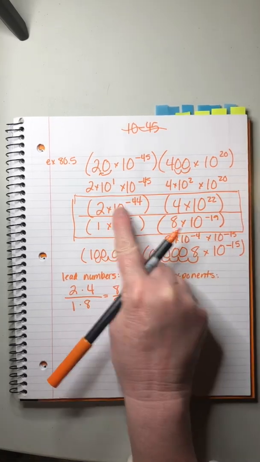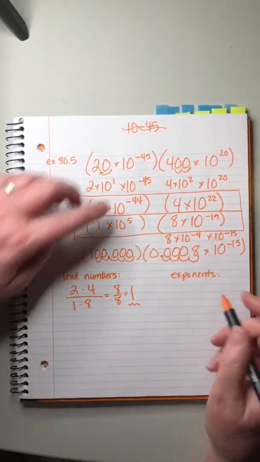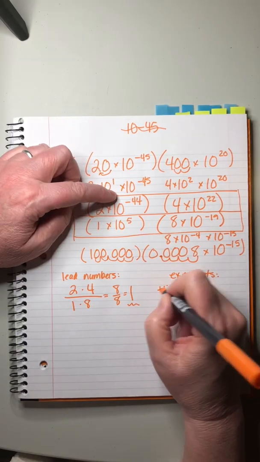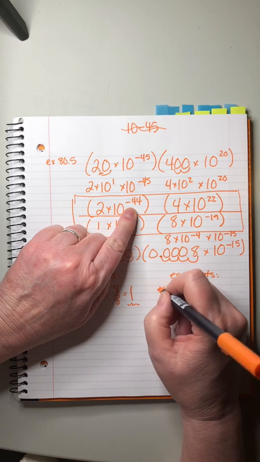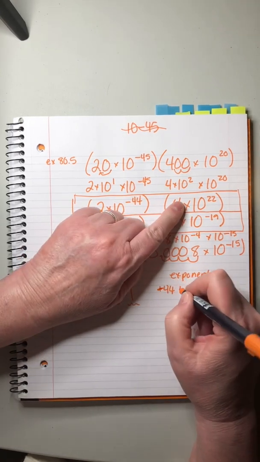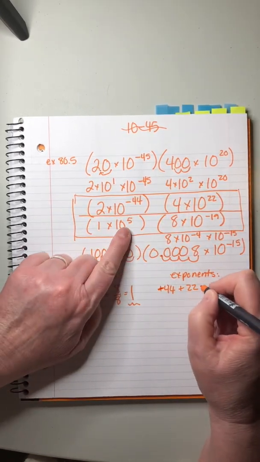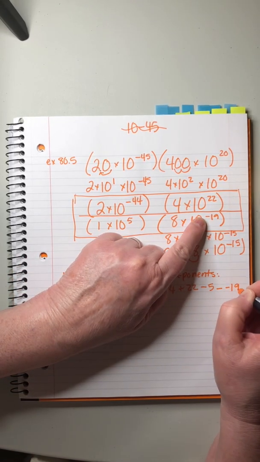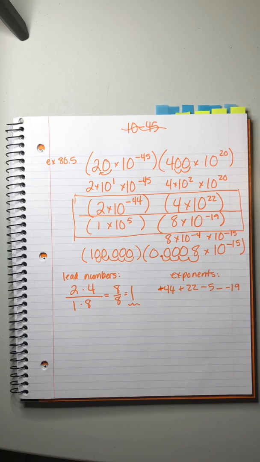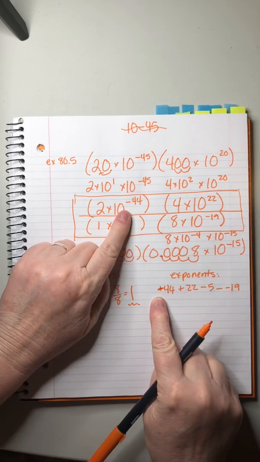Okay, remember we add the top ones and subtract the bottom ones. So it's minus 44 because that's a minus sign. That's a minus 44 plus 22 minus 5 minus a minus 19. Okay, that one's negative because it's already negative.